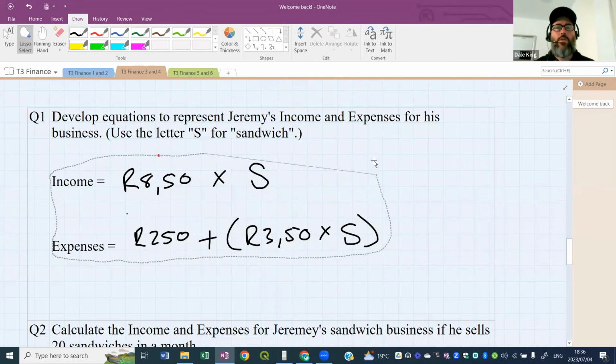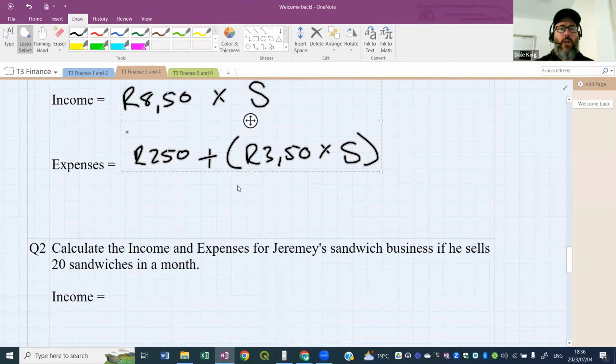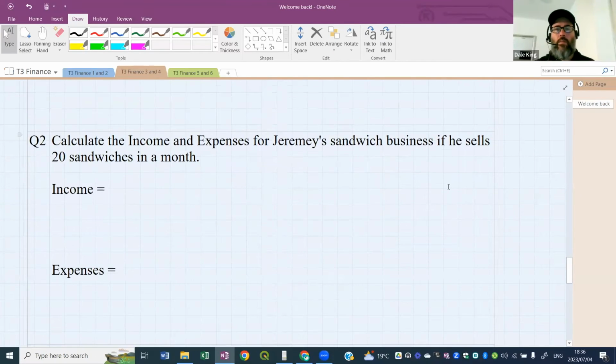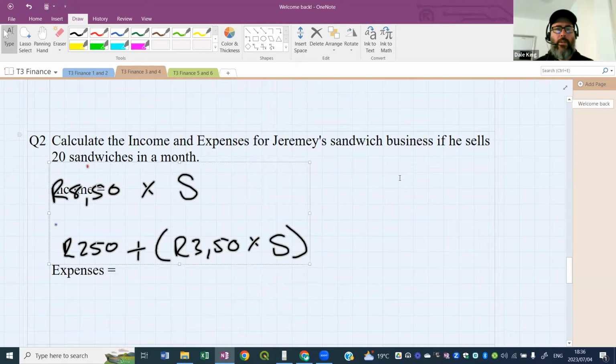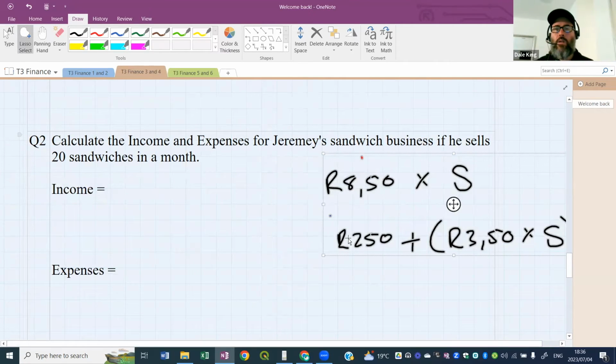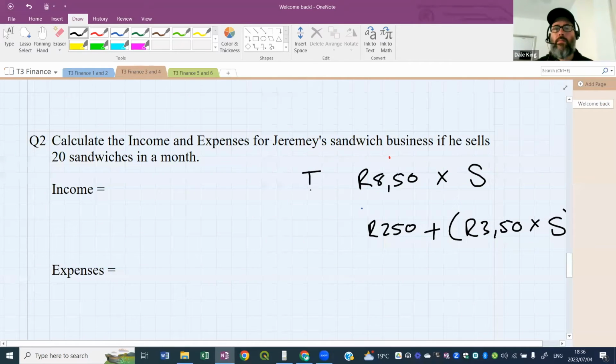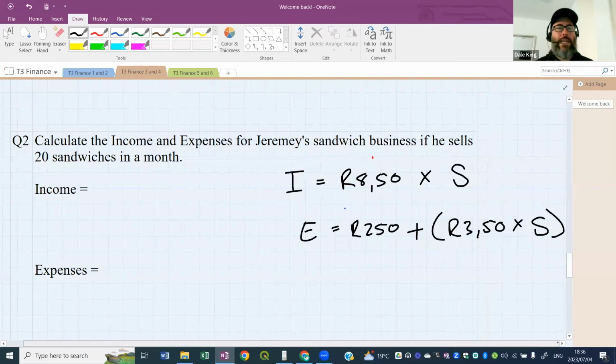Let me make it a little bit smaller. I'm going to write here I for income and E for expense. Okay, so there's the income and expense formulae.